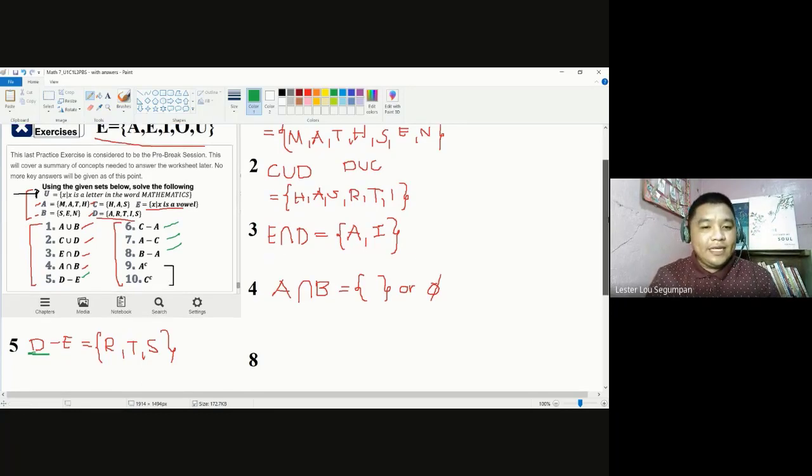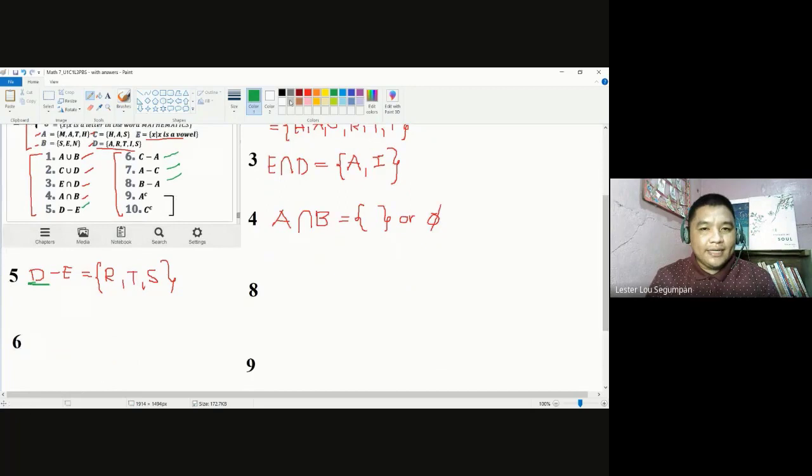Let's proceed to C minus A for number 6. C minus A. Again, write the first set being considered. So it has the elements H, A, and then S. This is what is given here. And we are going to remove the elements that can be found in set A. Set A has M, so there's no M here. We cannot remove anything.